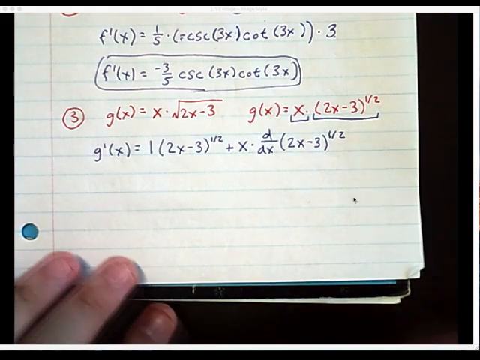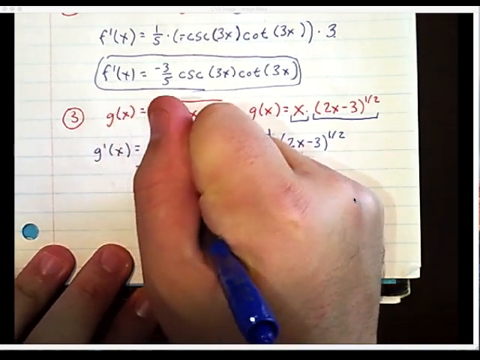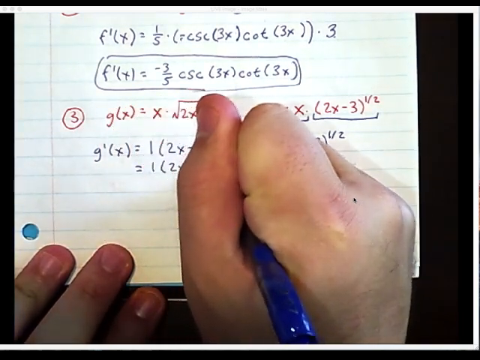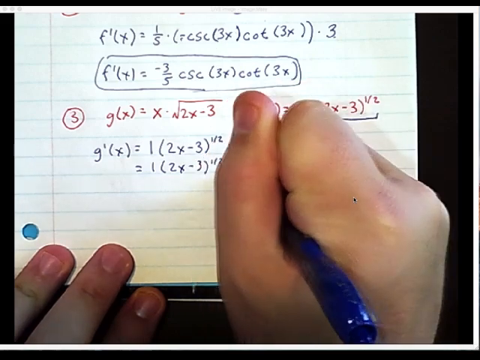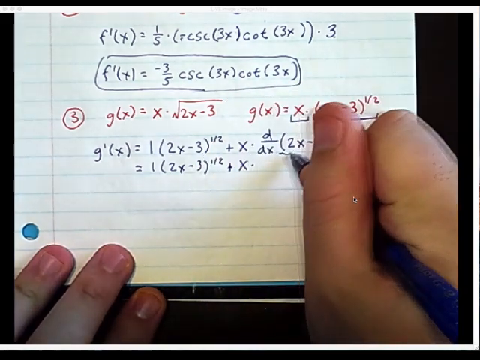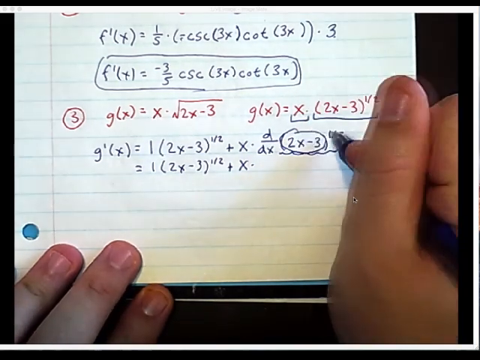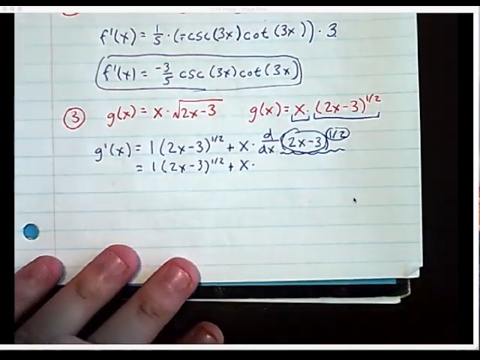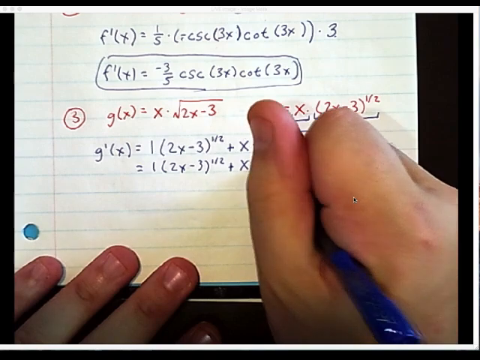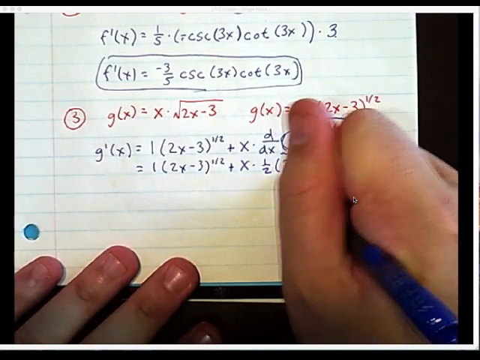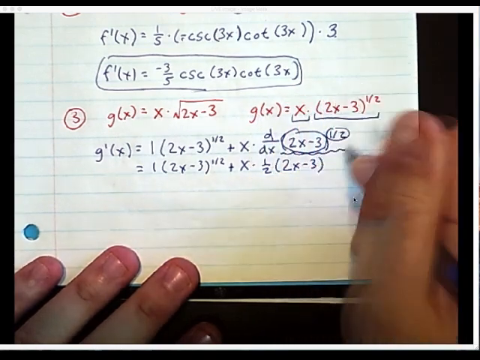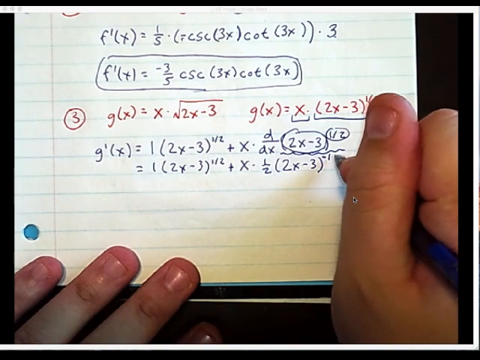Okay. So let's simplify this a little bit. Well, how do I take the derivative of all this? So we have something in parentheses, something raised to the 1/2 power. The 1/2 comes out front, whatever's in parentheses stays there, and that gets reduced by a power.